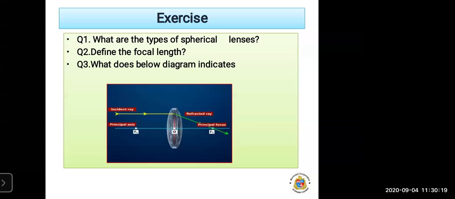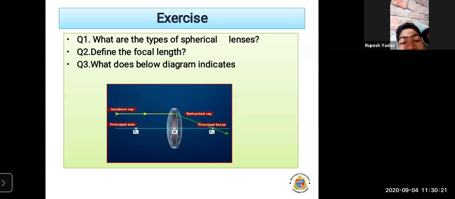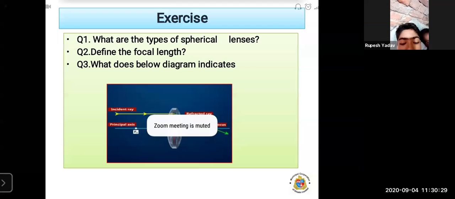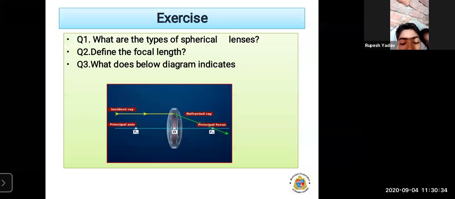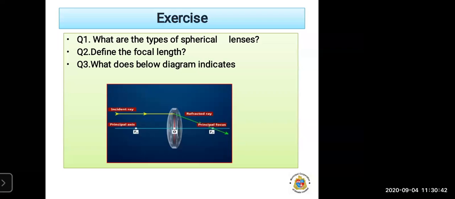This diagram shows the distance between the center of the mirror or lens and its focus. Very good, Rupesh. But this is your rule number 1, which indicates that when the incident ray is parallel to the principal axis, the light rays always pass through the principal focus.